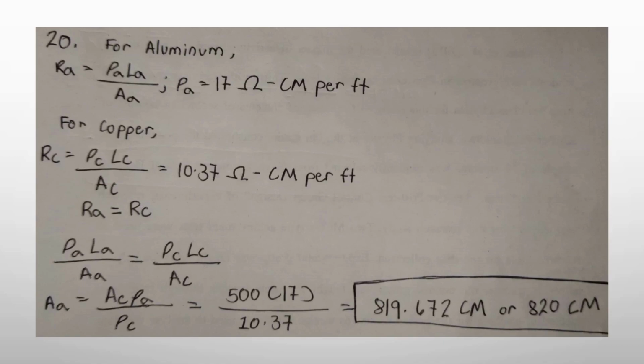We will get this formula by manipulating the formula when we equate the resistance of aluminum and resistance of copper. And we will get the value 500 multiplied by 17 all over 10.37, and it will be equivalent to 819.672 cm or simply 820 cm.